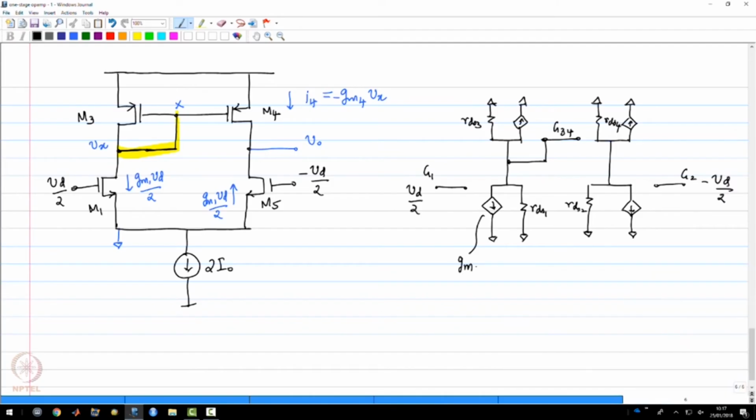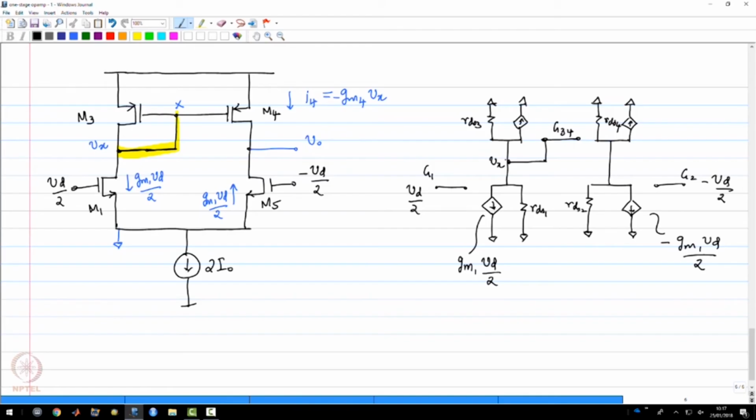The transistor M1 has a small signal current which is GM1 Vd by 2 flowing downwards. This transistor has a current minus GM1 Vd by 2 flowing downwards. And this current is going to generate a voltage Vx, and we need to find out what this voltage Vx is.